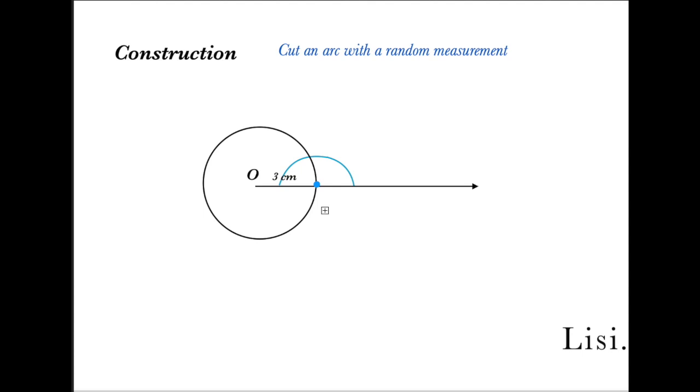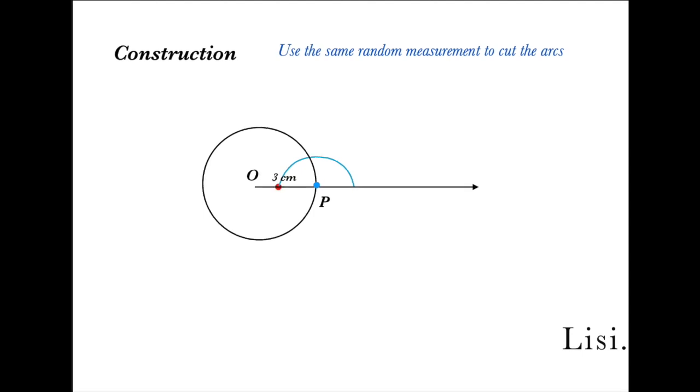Don't change the measurement. Place your compass at this point and cut an arc above the previous arc, and name that point as M. Now place your compass at M, once again cut an arc on the previous arc with the same measurement, and name it as N.